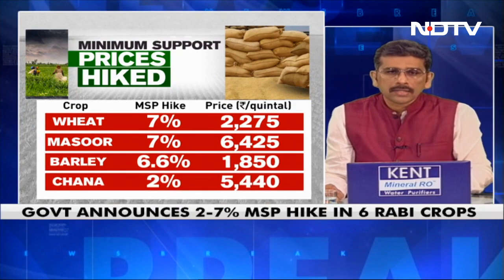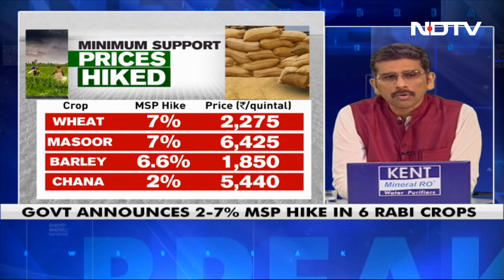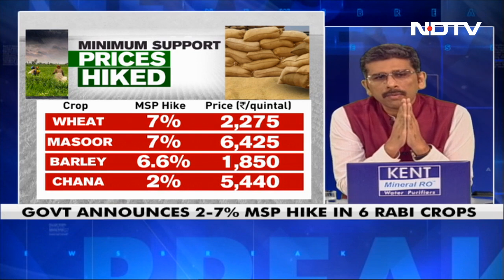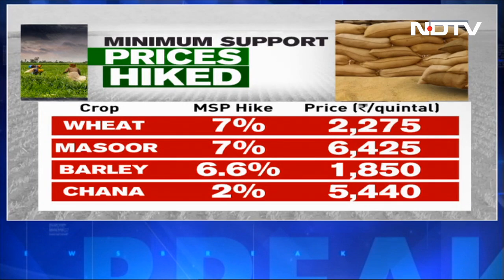which has been hiked. Let's go full frame to this, please. In just a short moment, you will have this full frame on your screen where the wheat MSP price has been hiked by 7%. So the price per quintal is 2,275. Masoor is also hiked by 7% at 6,425.